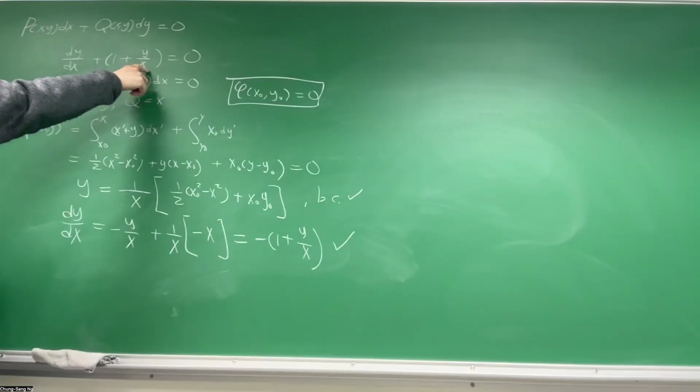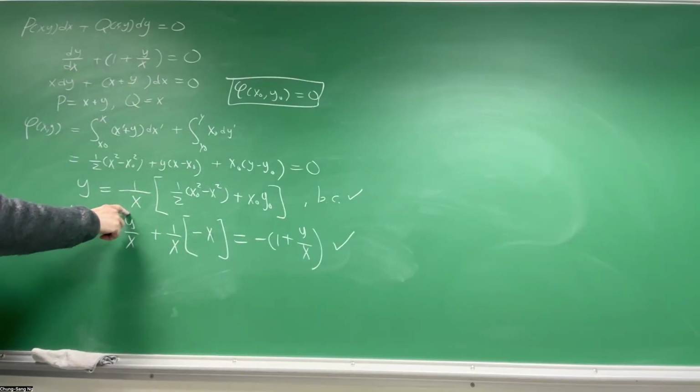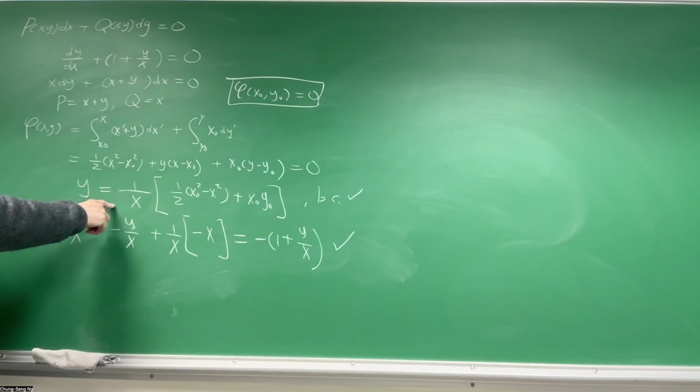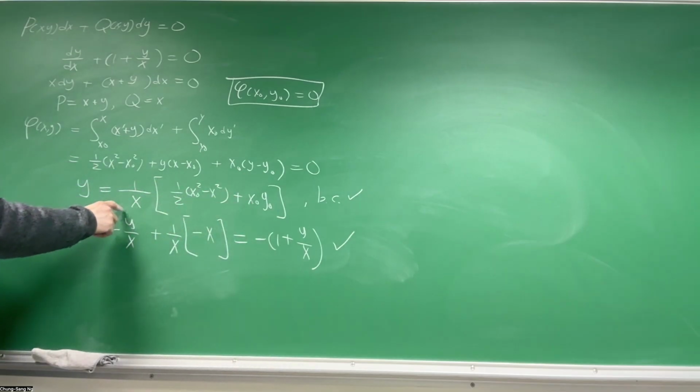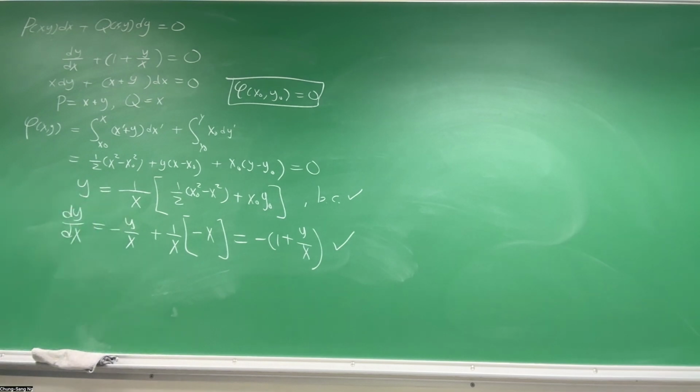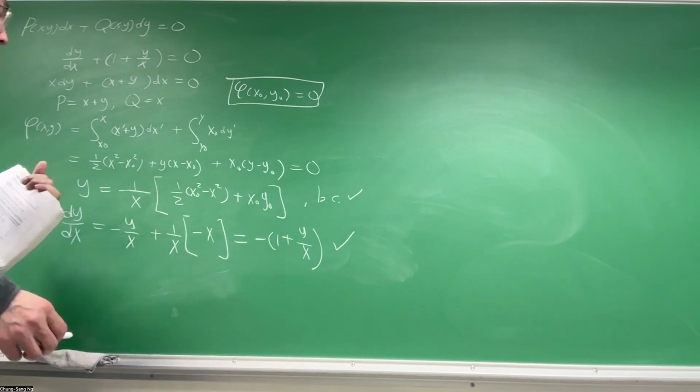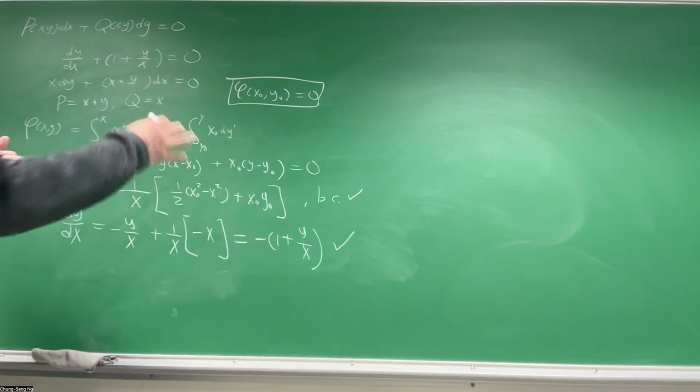Right. And finally, just like what I mentioned before, you see whether that solution is well behaved at the singular point at x equals 0. Seems like it's not well behaved, because you have the extra x term here, and that doesn't cancel. It depends on what your x0 and y0 are, but obviously you need to avoid the singular point, at least for this equation.